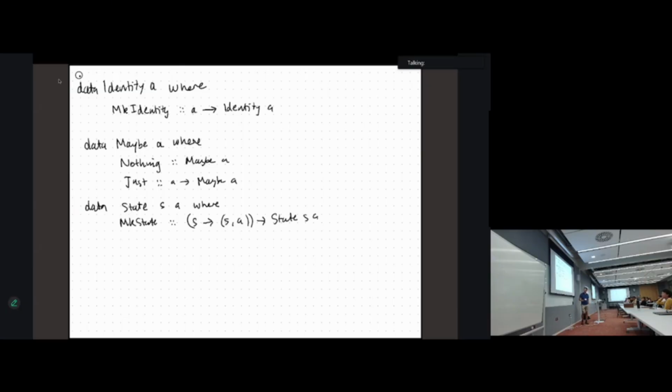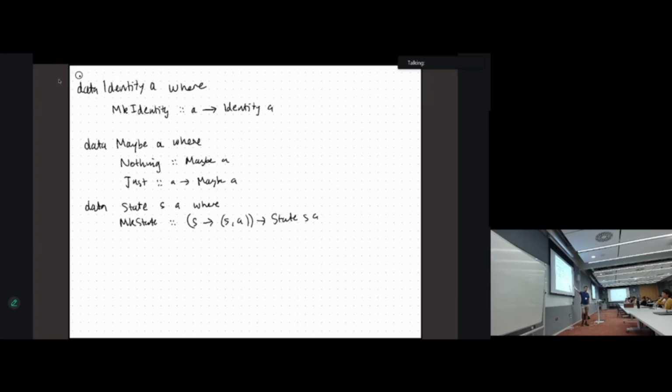It's a bit of a strange one, but it's saying if you give me some input S, I will be able to produce some output S together with a pure value of type A. That's where we store the state coming in and the state that comes out.